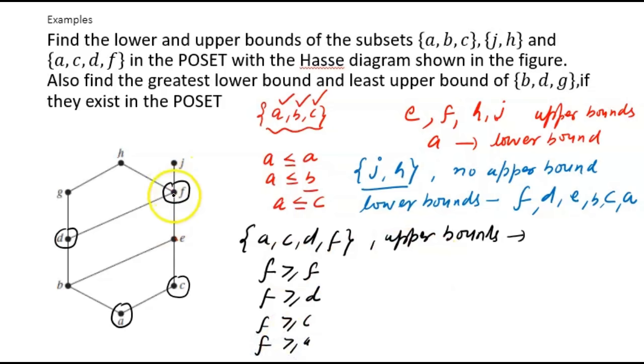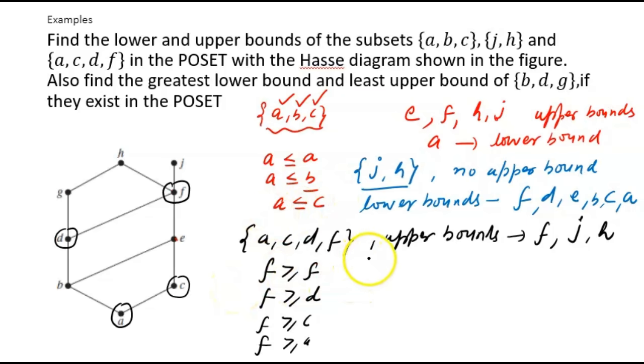So F will also be an upper bound. Students don't consider that element, they just ignore it, so don't make that mistake. So F is one of the upper bounds, and since F is an upper bound, then because of the transitive property, J and H will also be upper bounds, right?